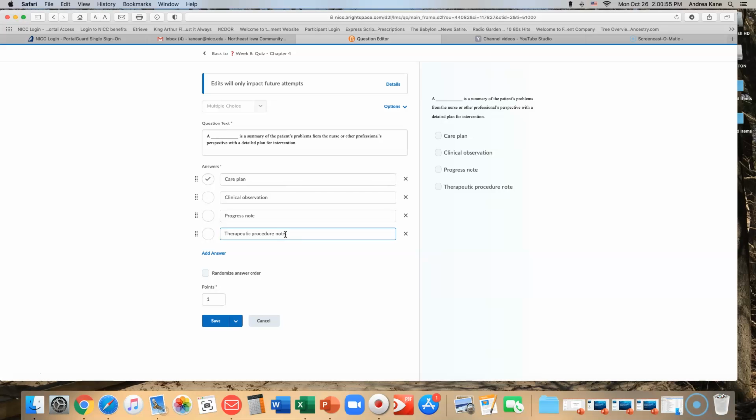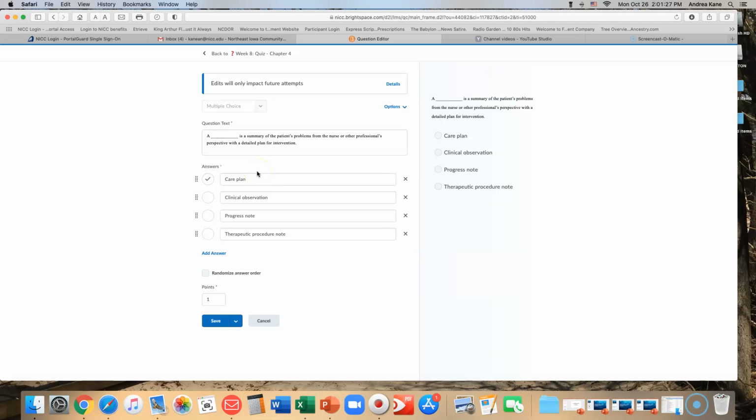No. A procedure note is like an op note, where you explain what you did. A progress note is what's happening throughout their hospital stay. A clinical observation is not necessarily a summary and detailed plan. That's really just a care plan.